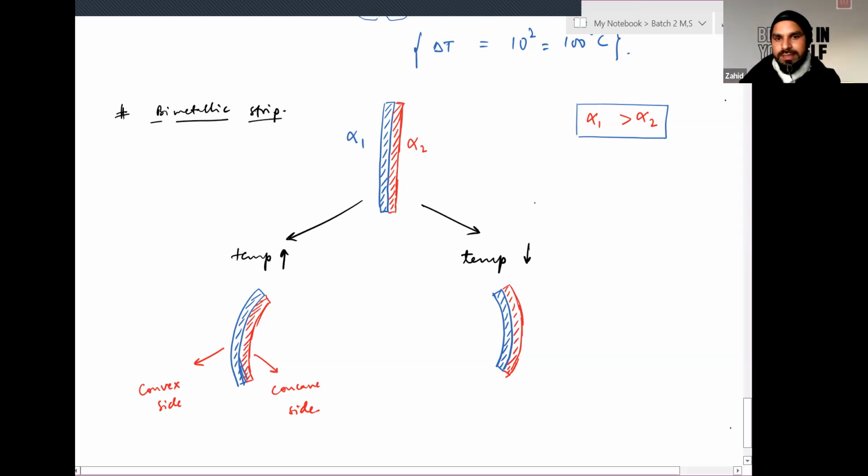Similarly, on decreasing temperature, the length of contraction will be more in the blue rod as compared to the red one. So the blue rod will contract more, so it may acquire the concave side. And since there will be lesser contraction in the red one, it will go towards the convex side. Aisha, is it clear? Yes, sir. Okay, just write it down.